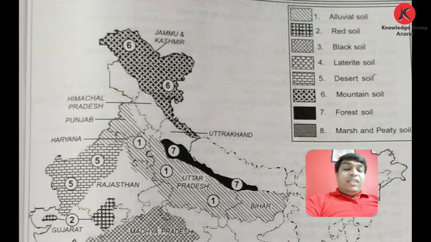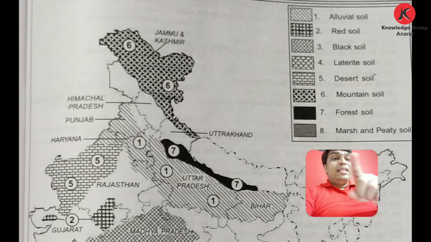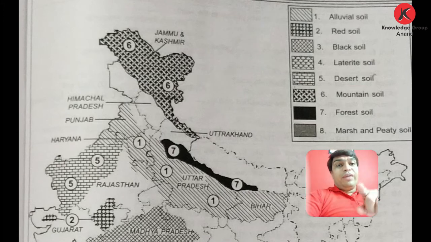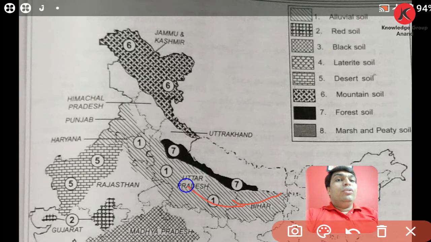Friends, this soil is found in the northern plain up to the Brahmaputra Valley. You can see the northern plain and the Brahmaputra Valley here, and it extends from the east up to the Satluj in the west.